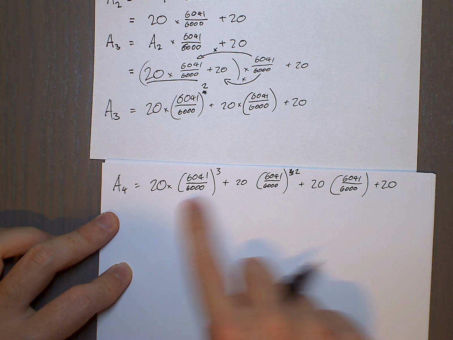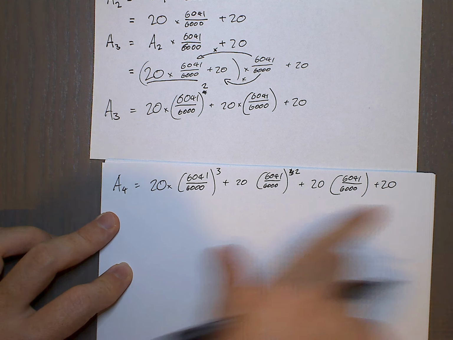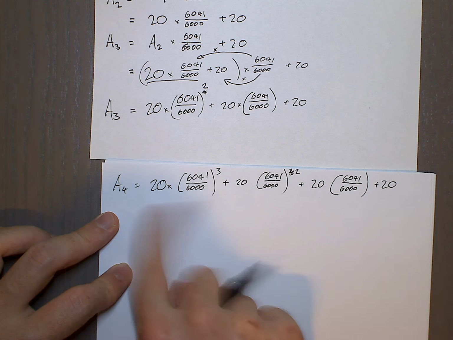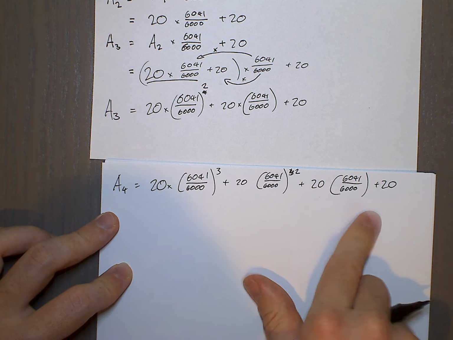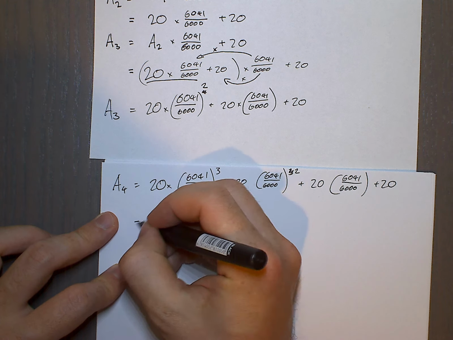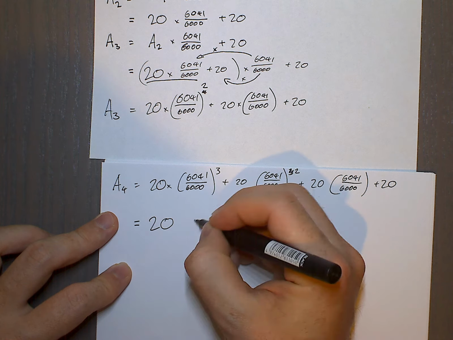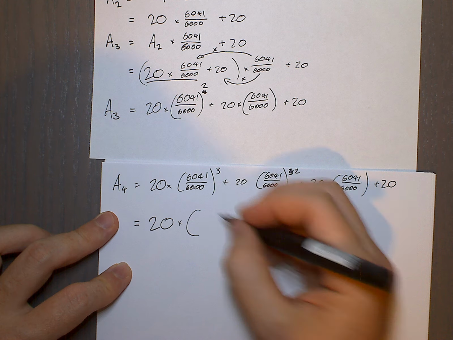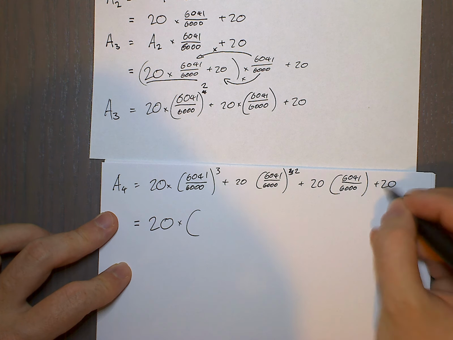And we can start to see a pattern here. They've all got 20 in them, and if we group them together as a factor of 20, we can put all these together. So let's do that. It'll be 20, bracket, I'm going to put this one at my front.